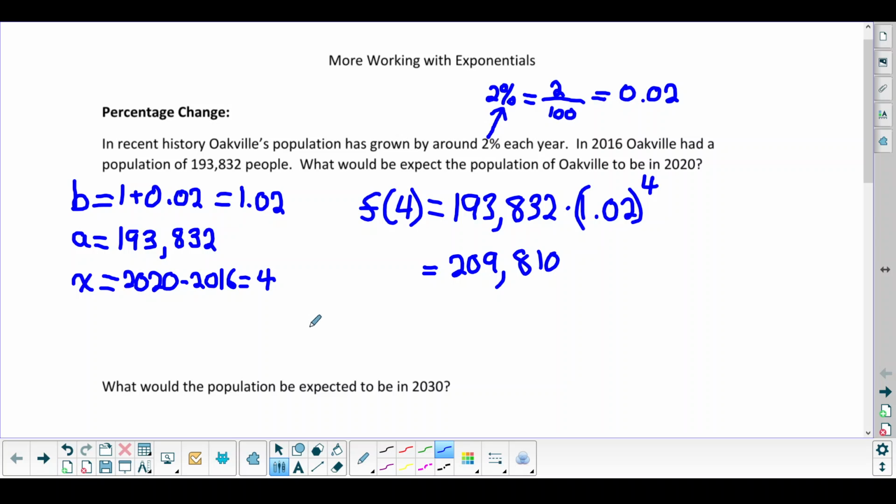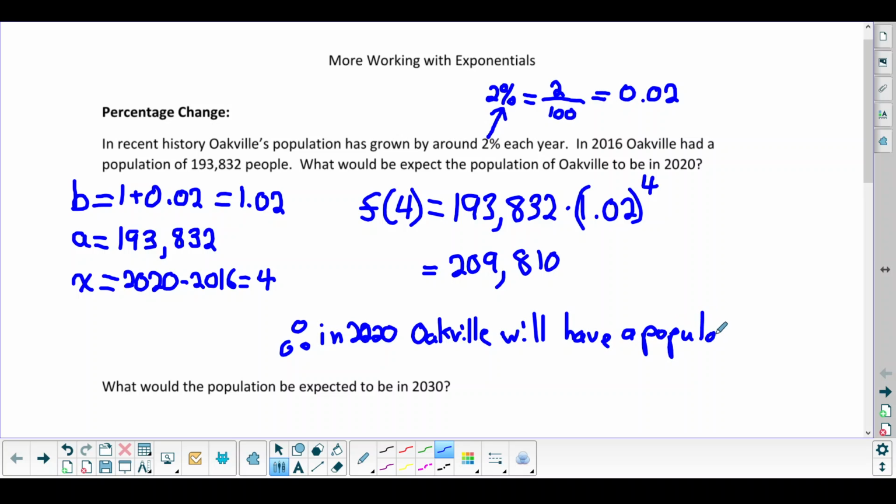Therefore, I could write a conclusion. In 2020, Oakville will have a population of 209,810.